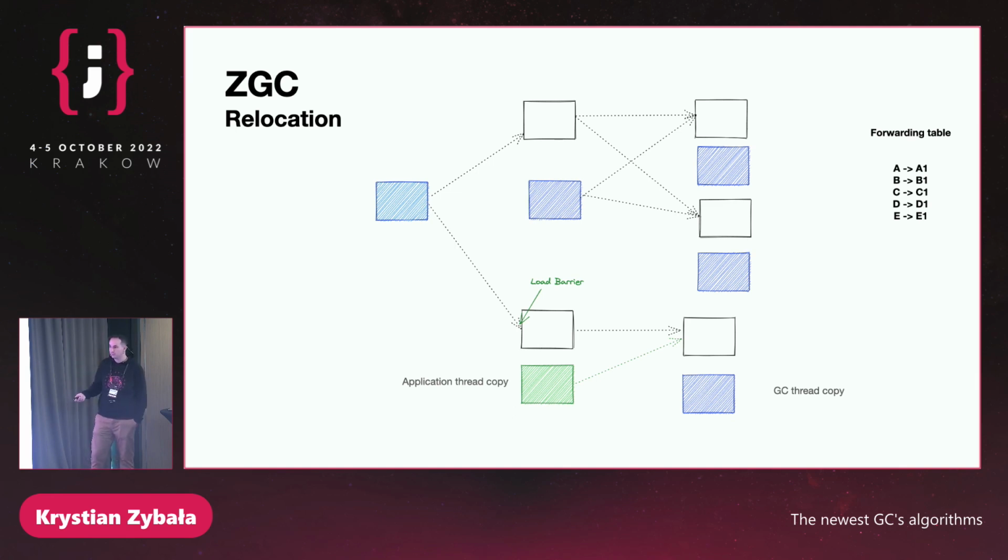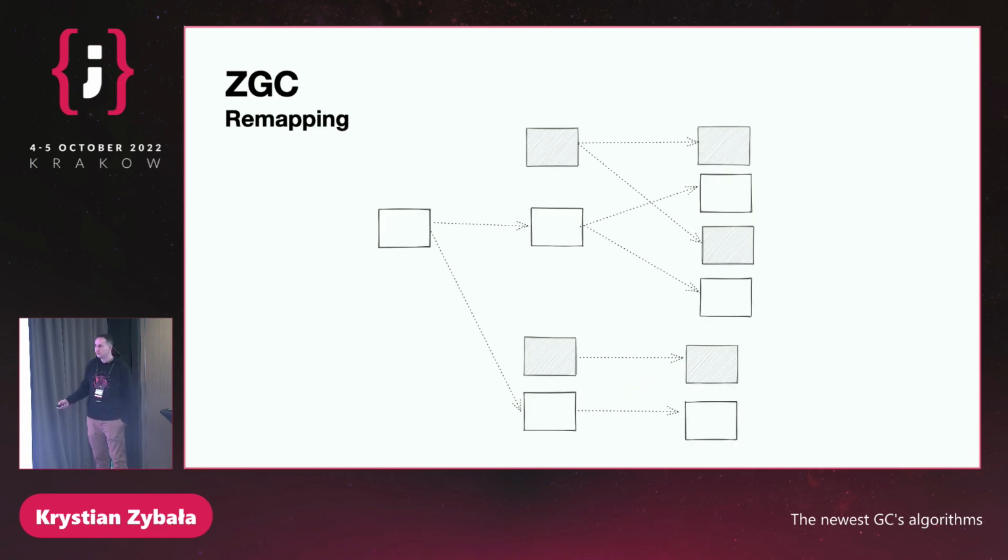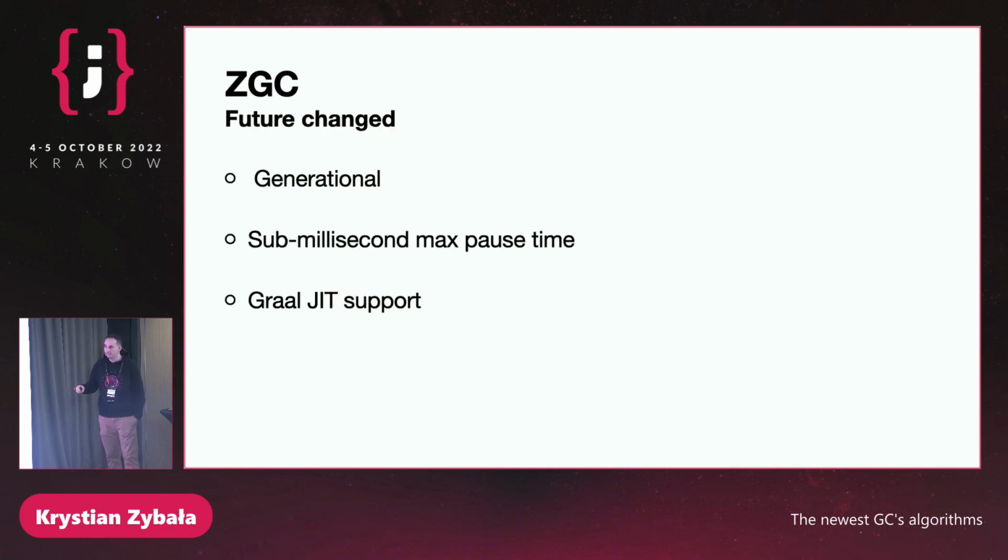And this is an improvement because, for example, in Shenandoah it had to change a particular branch in the heap and so on. But in this scenario, ZGC processes the next objects in the heap graph, which is a crucial improvement. Of course, remapping is the same situation. So, let's skip. Sorry for that.